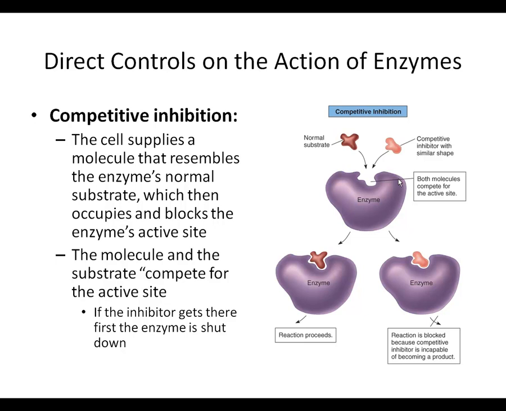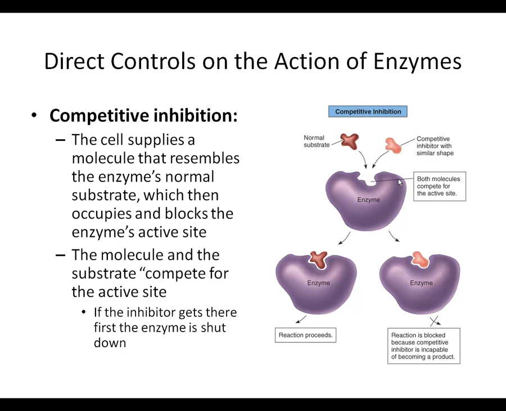I said earlier that we needed to be able to control our enzymes and that enzyme action, and there are a couple of ways that we can do this. We have something called competitive inhibition, and this is where the cell supplies some sort of a molecule that is going to be the same shape or same chemical makeup as the normal enzyme substrate. When the competitive inhibitor binds to the active site, it blocks the ability of the substrate to bind and the enzyme is turned off and no reaction proceeds.